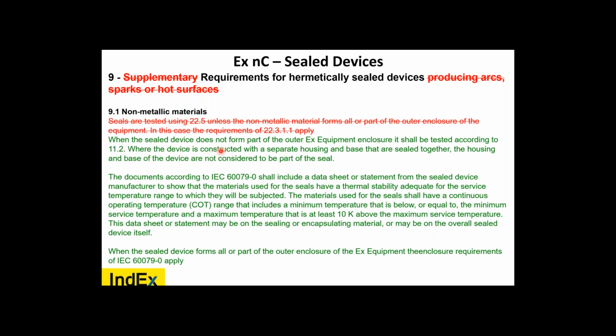Now, when the sealed device does not form part of the outer EX equipment enclosure, it shall be attested according to where the device is constructed with a separate housing and base that is sealed together. The housing and the base of the device are not considered part of the seal. So what they're saying is there's extra requirements, okay?